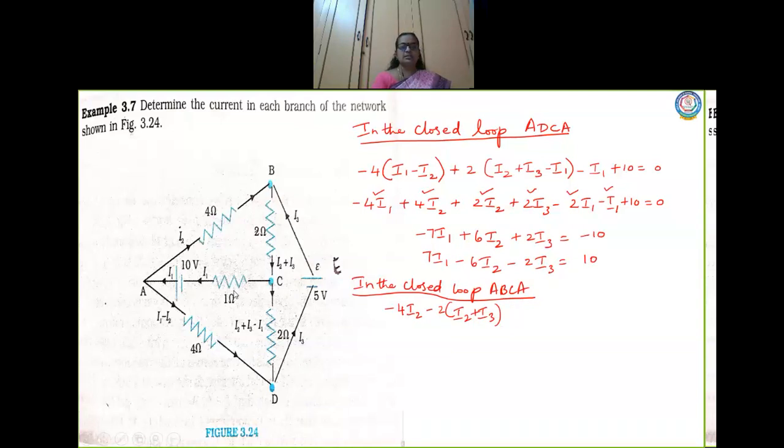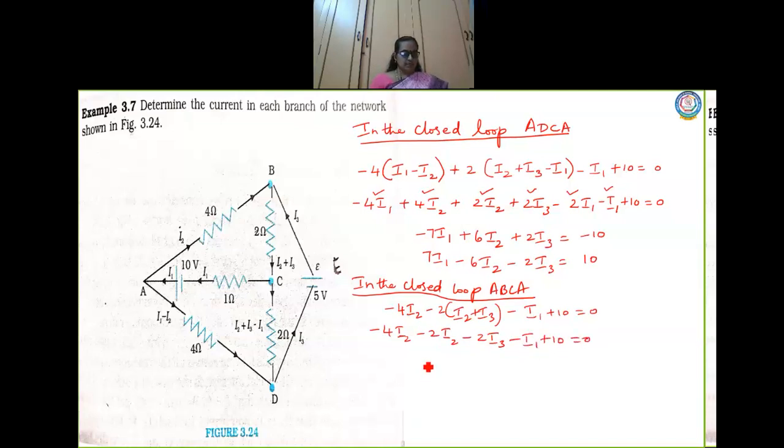So here the resistance is 1, the current is minus I1. So minus I1, and the battery again is from positive to negative, so I have plus 10 equal to 0. Now the simplification process: minus 4 I2 minus 2 I2 minus 2 I3 minus I1 plus 10 equal to 0.